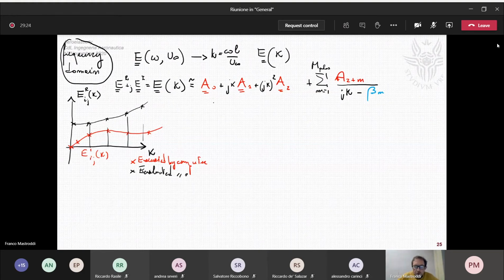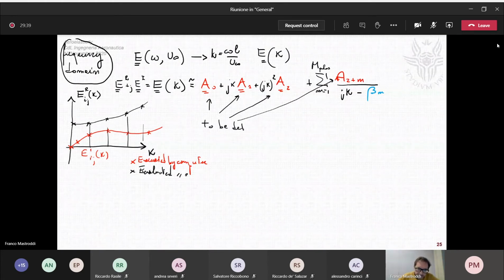Now I want to determine these matrix coefficients, to be determined. How? I want to show how.